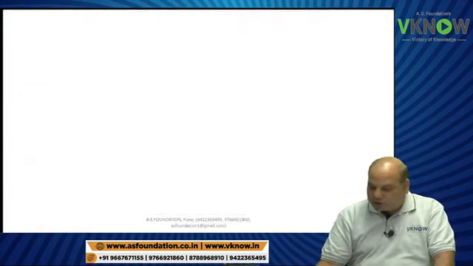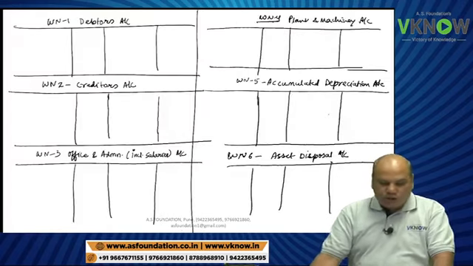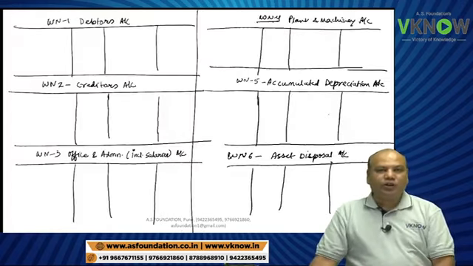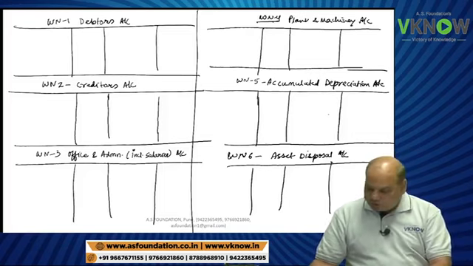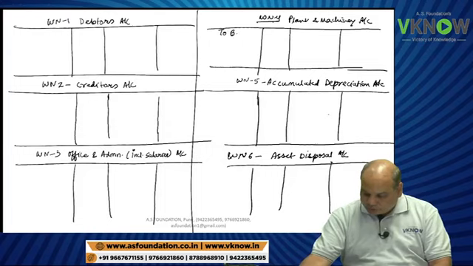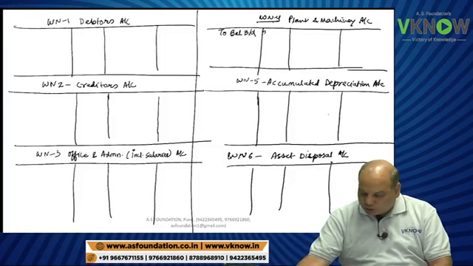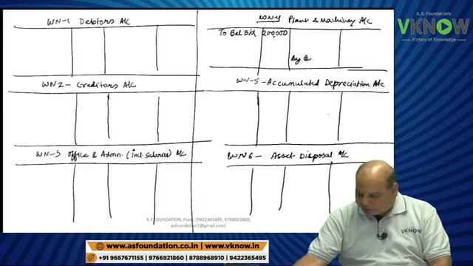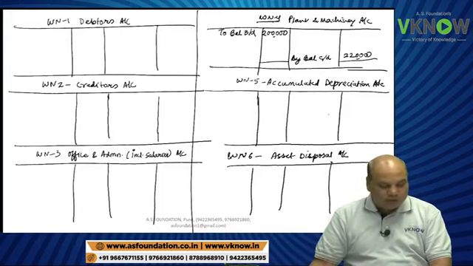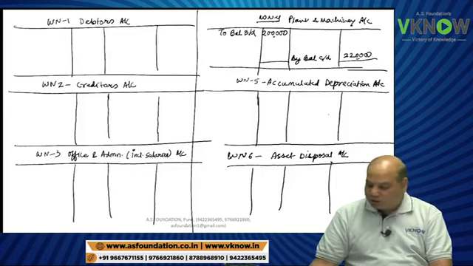For plant and machinery, I will come to working notes. So there is a working note number 4. In working note 4, plant and machinery, to balance brought down, opening balance is 2 lakh. Second column is opening balance. And credit side, by balance carried down 2 lakh 20,000.